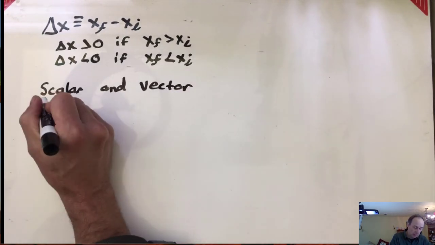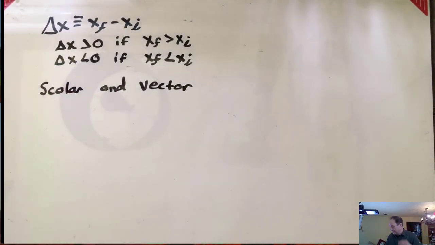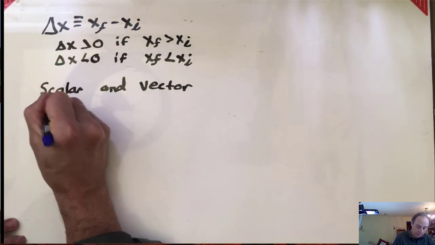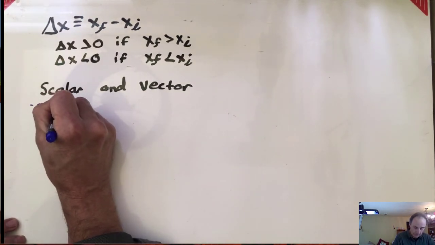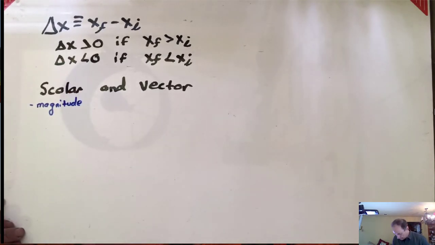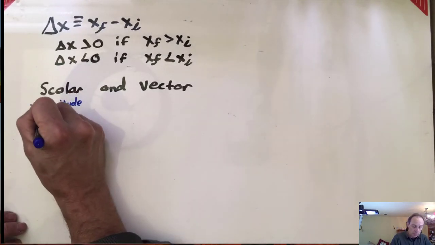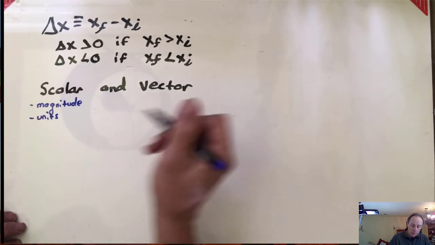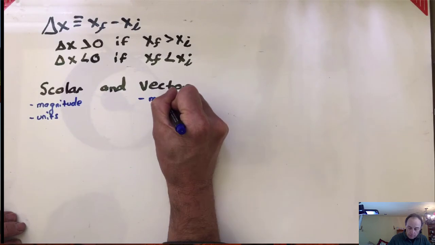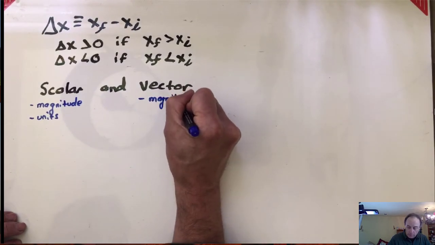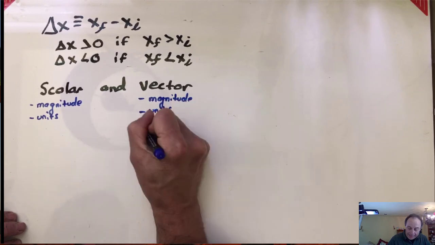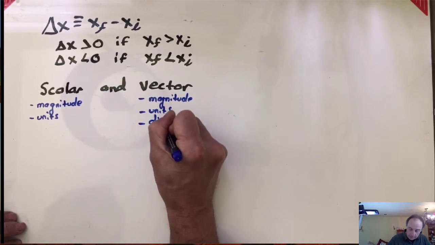A scalar quantity has a magnitude, and it may have units, usually has units. Once in a while you have pure numbers. Vectors have magnitude, units, and direction.